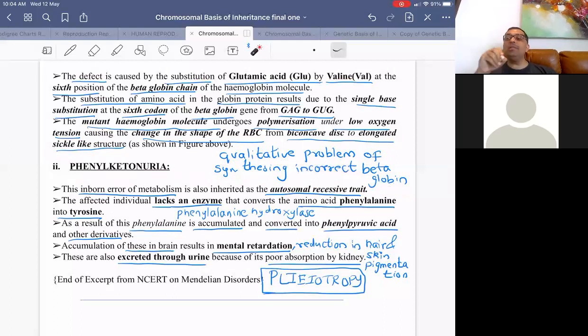So thalassemia is a quantitative problem and sickle cell anemia is a qualitative problem, but in both there is anemia.